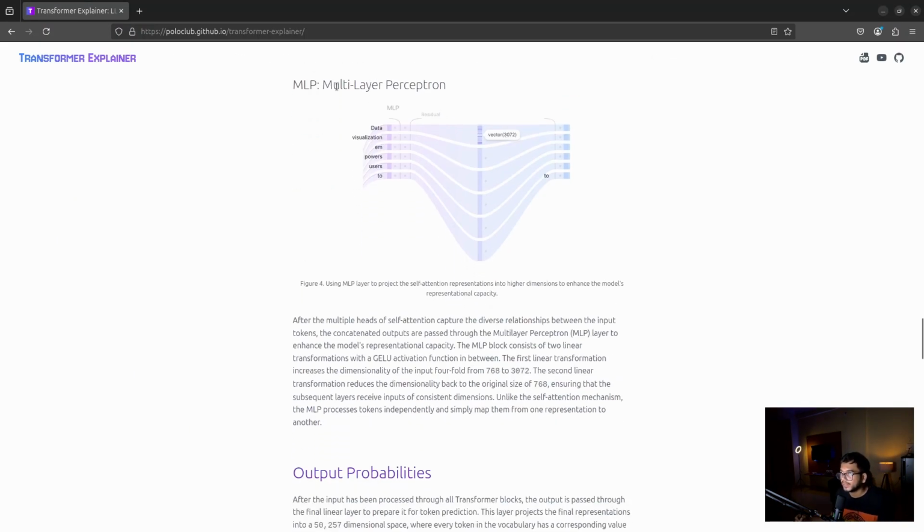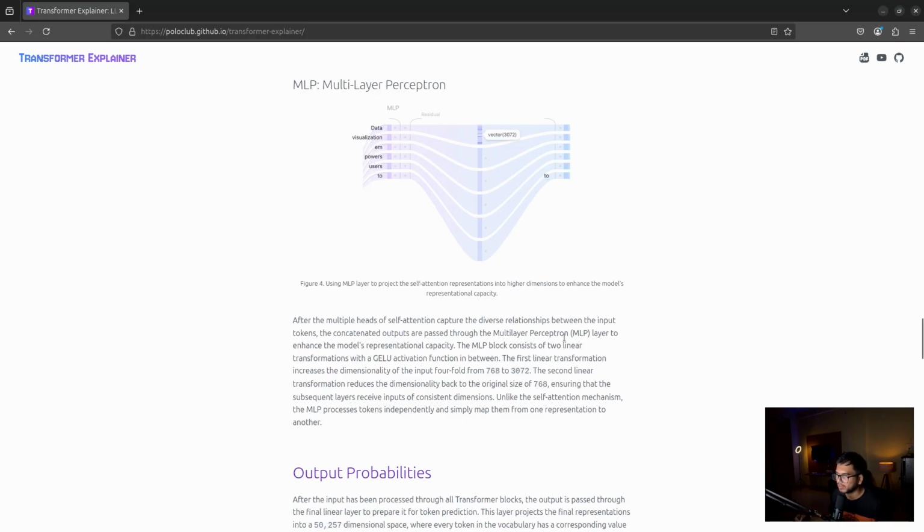This is the multi-layer perceptron. What is the significance of this layer? It is written here: after the multi-head self-attention captures the diverse relationships between the input tokens, the concatenated output of all the heads is passed through this multi-layer perceptron.